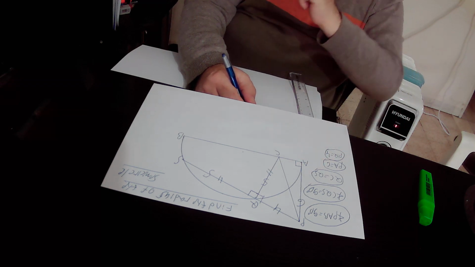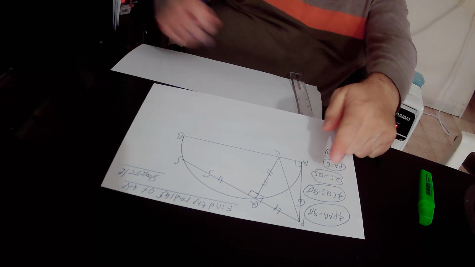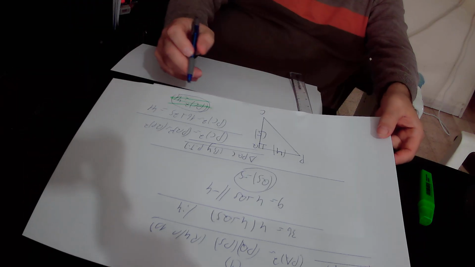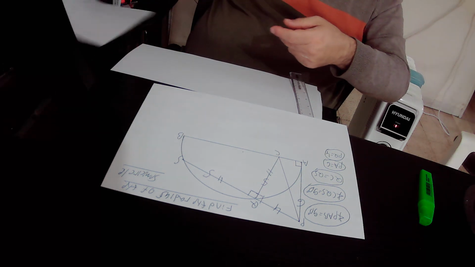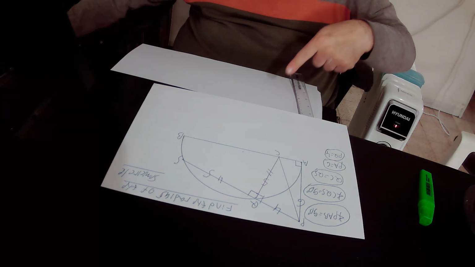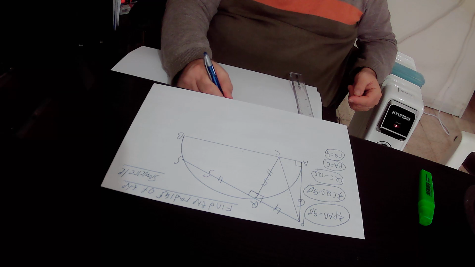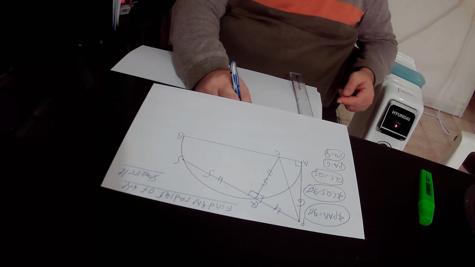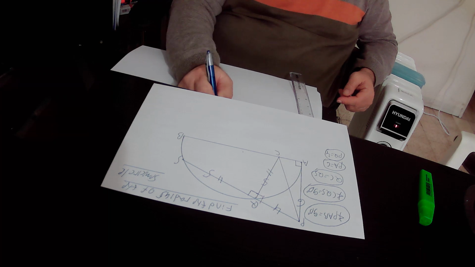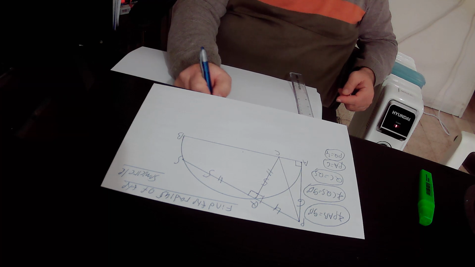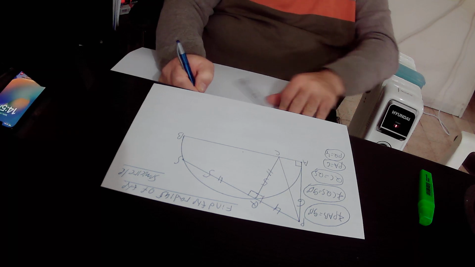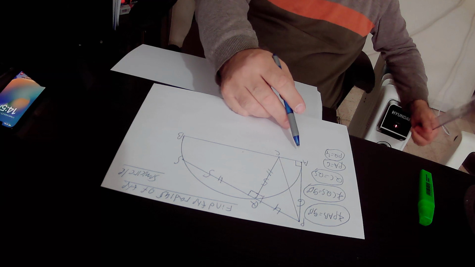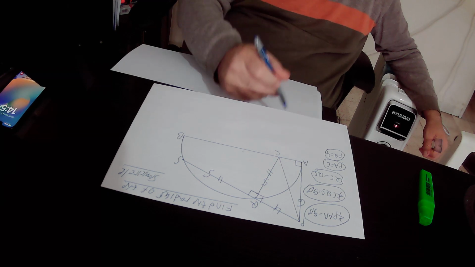PC square equals 41, that is the square of the hypotenuse. Again, this is the variation for the Pythagoras theorem. We define the length of side AC as A.